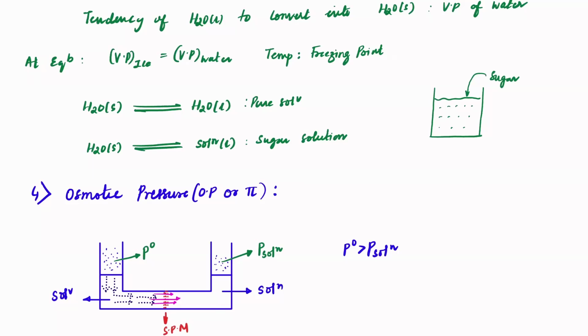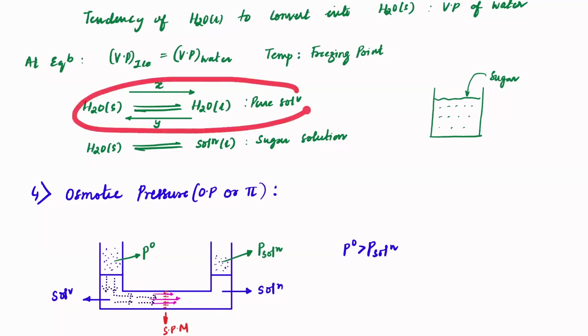Check out carefully. Suppose, listen, everybody, the vapor pressure tendency, that is the tendency of solid to convert into liquid here, let's say its tendency is some x units. Whatever units maybe, it could be in atm or pressure, force, anything. Similarly, the tendency to go in this direction will be y. This is for pure solvent.